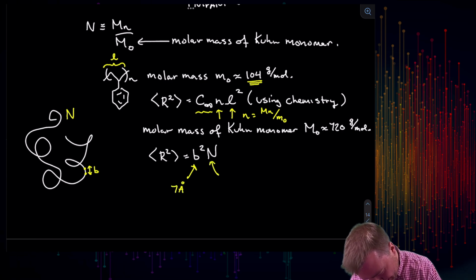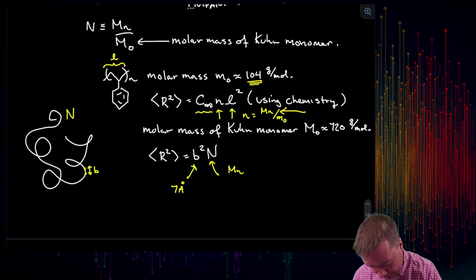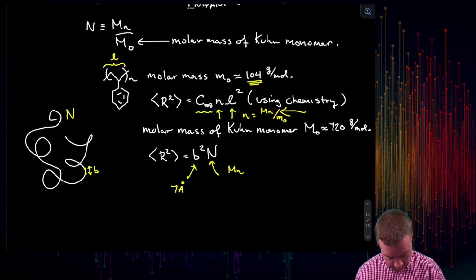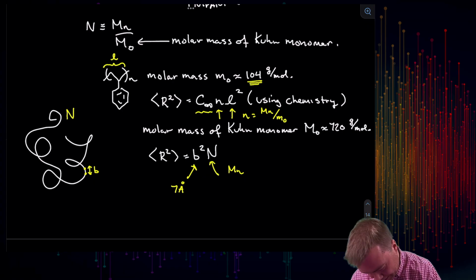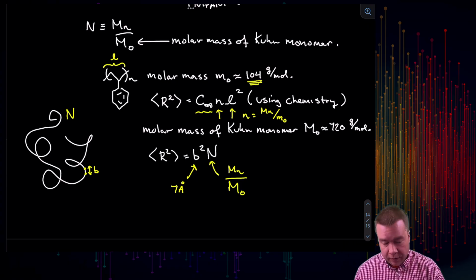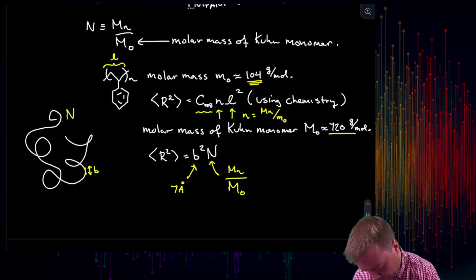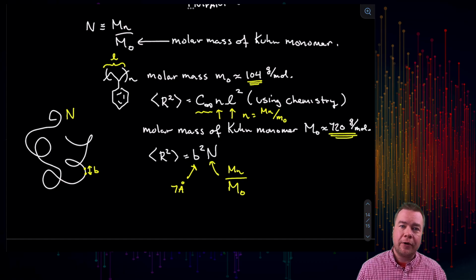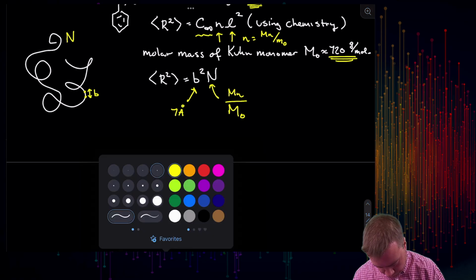And in terms of N, the number of Kuhn monomers, it would be the molecular weight of the polymer. Okay, so same molecular weight that I had up here, exact same molecular weight. But in this case, we would divide by the molar mass of the Kuhn monomer, right? Which in this example is 720 grams per mole. So that's the difference, okay? That's how we get rid of the chemistry and extract the essential features of these molecules.